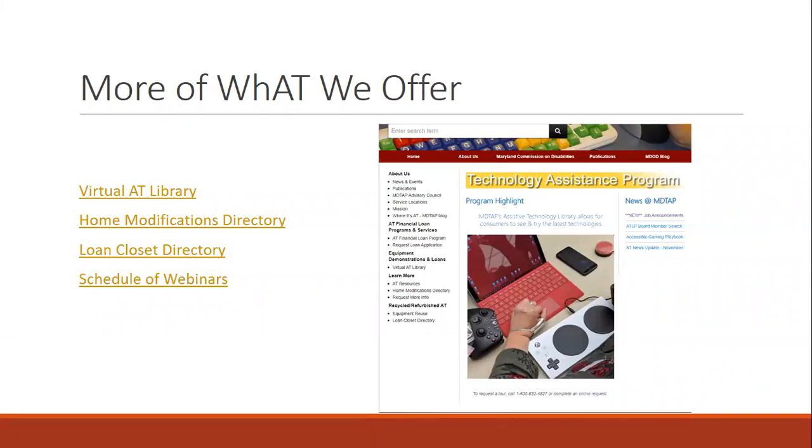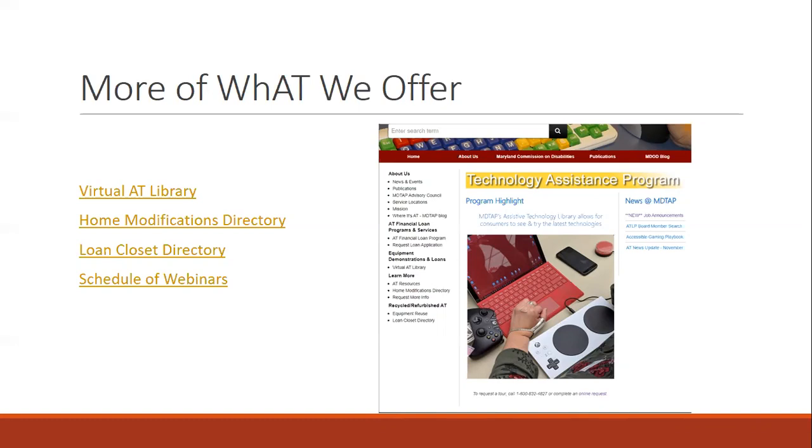And there's also a loan closet directory on our website, and that is a list of a lot of different nonprofit orgs who might have durable medical equipment. So that's something that we don't do here at MDTAP. Things like walkers and wheelchairs and bedside commodes and raised toilet seats and all that kind of stuff is DME, and that's what we don't do.